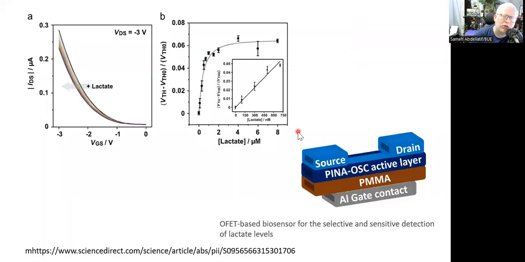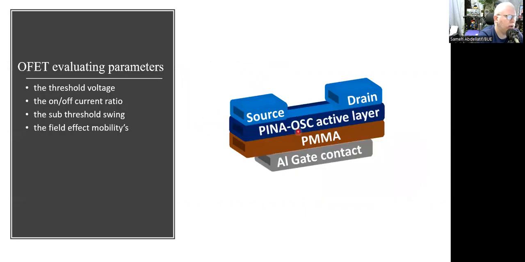So let's go more deeply inside the OFET, the organic field effect transistor, or maybe FETs, the field effect transistors, in general. There are four properties, let me say, which we can consider as the most major or dominating properties to evaluate your field effect transistor.